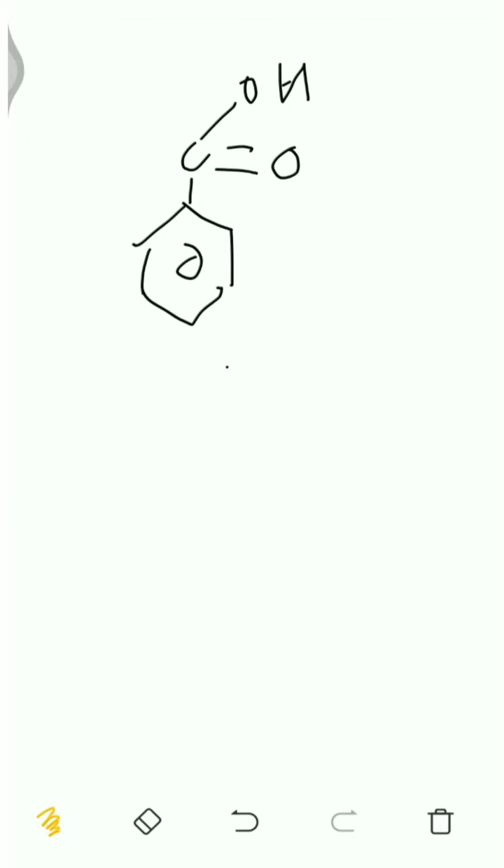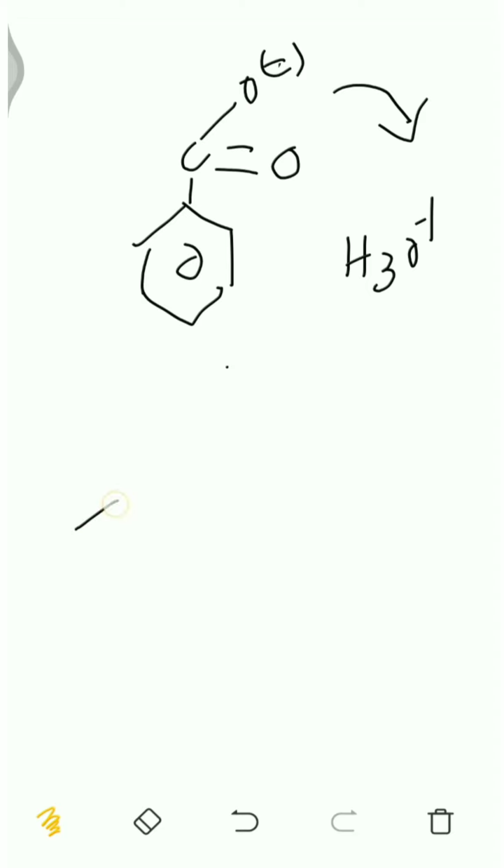If we dissolve it in water, this hydrogen will come off to form H3O plus. Hence a negative charge will develop here, and correspondingly this will produce and show the acidity. Hence we will take the resonating structure of it.